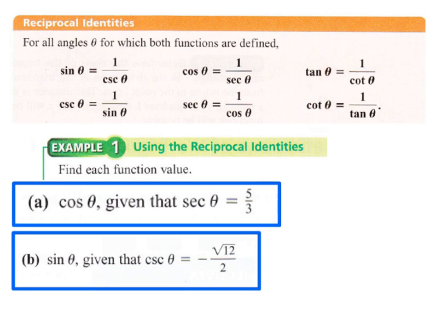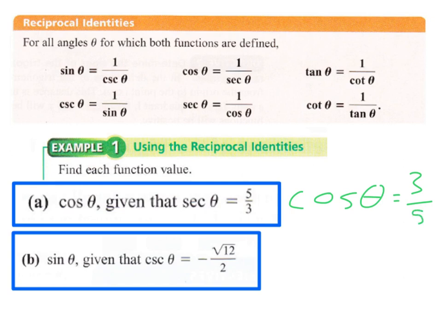So the first problem here, find the cosine of theta, given that the secant of theta is 5/3. So cosine and secant are reciprocals, so the cosine of theta would be equal to 3/5.